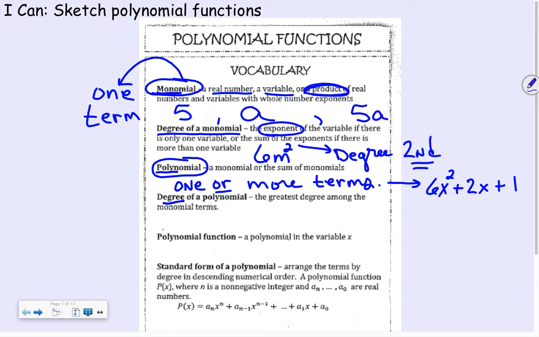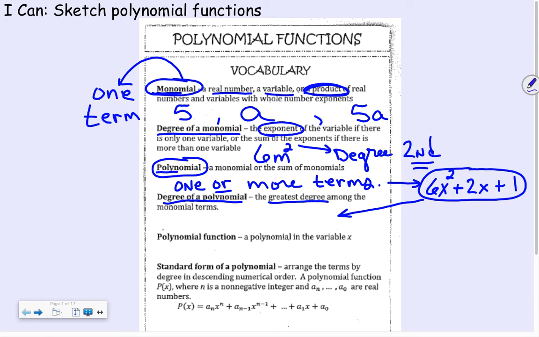The degree of your polynomial is the greatest degree among the monomials, okay? So for example, what's the degree of this? Right here. What's the degree of this monomial? I'm sorry, I said no. What's the degree of this polynomial?